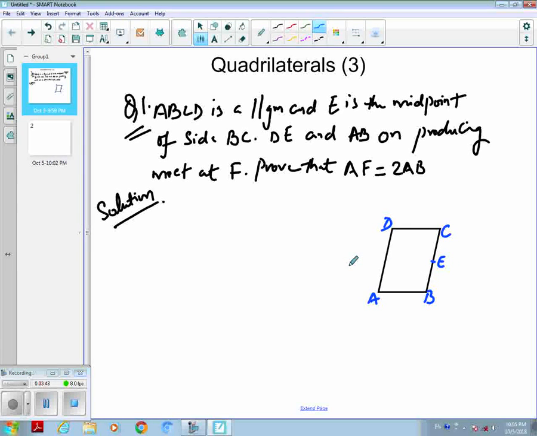DE and AB on producing meet at F. So let's produce this side DE like this, and produce AB. They meet at F. This is point F.